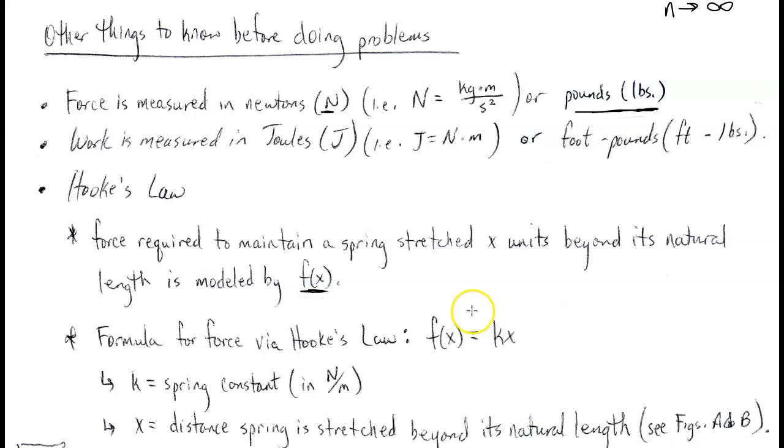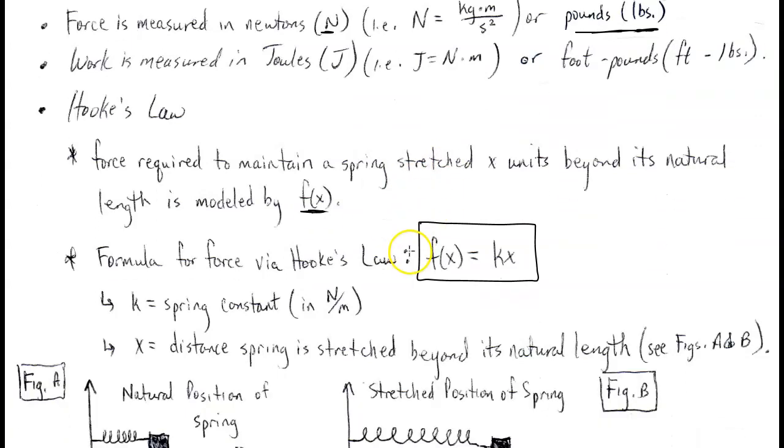Simply put, Hooke's law just says that the force is directly proportional to how far you stretch the spring past its natural length, where k is the spring constant, x is the distance that the spring is stretched beyond its natural length, and of course f of x is the force.